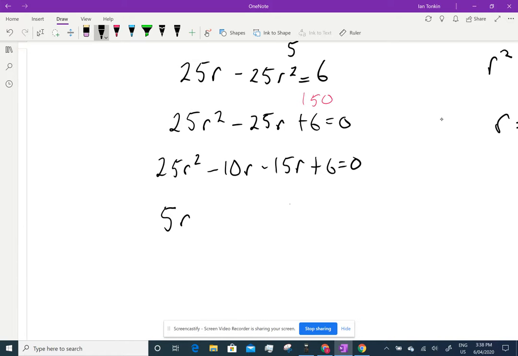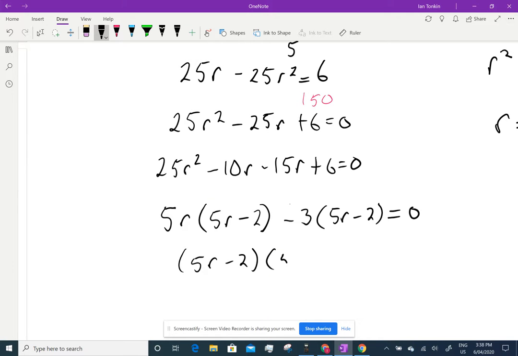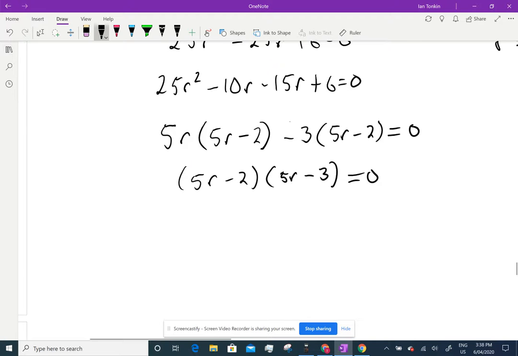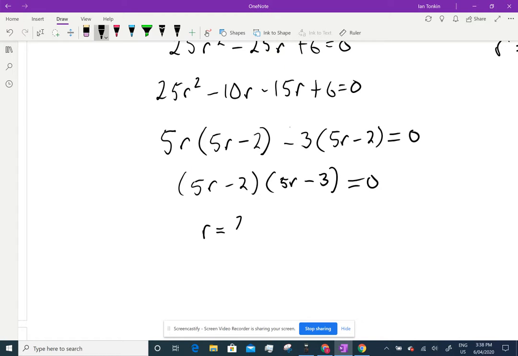We get 5R outside of (5R minus 2). And I'll take 3 out of this, and I get (5R minus 2). So I get (5R minus 2)(5R minus 3) equals 0. So I get R equals 2/5, or R equals 3/5.